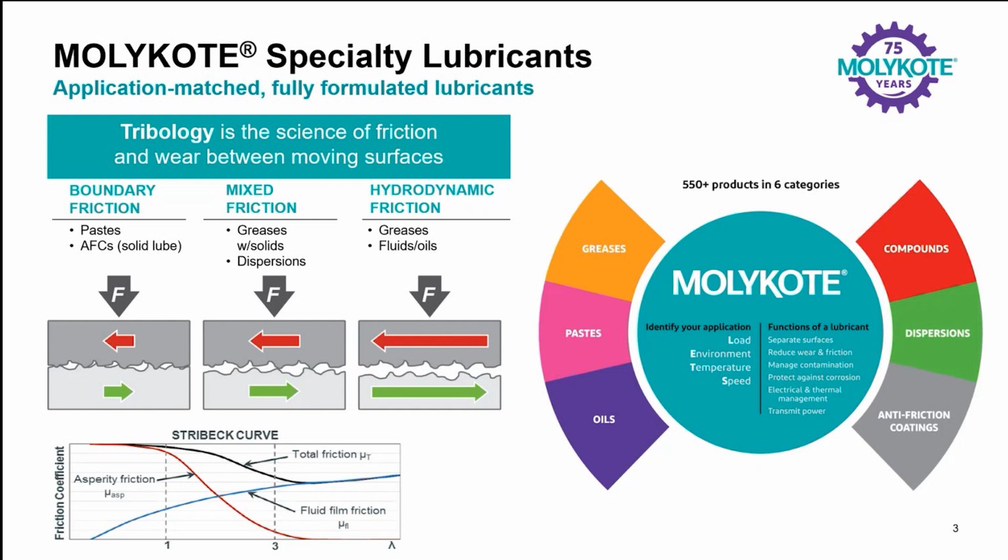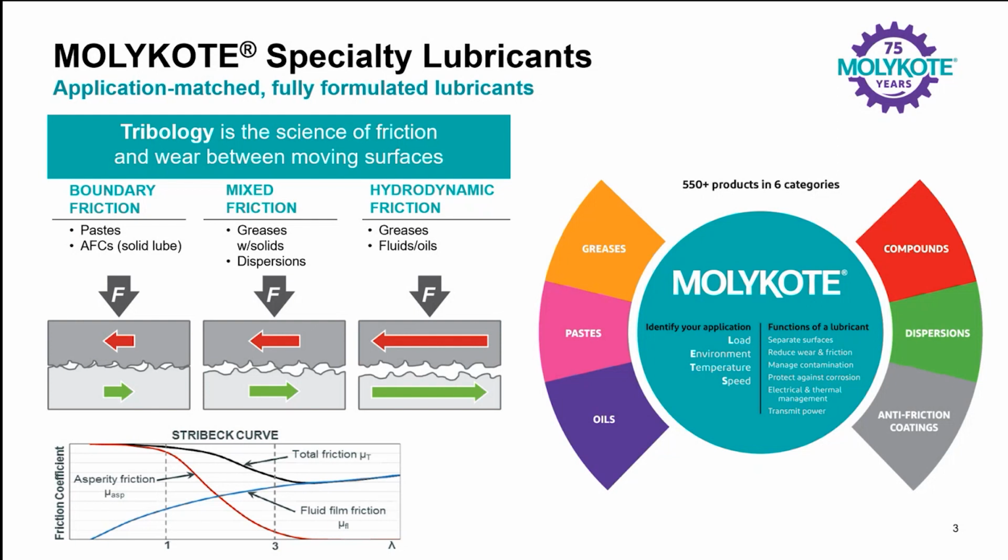Each one of them has a strong suit in one of these 3 friction regimes that you see on the left. So there's the boundary friction, mixed friction, and hydrodynamic friction. Hydrodynamic friction is typically low load, high speed applications that allow for fluid film separation between the 2 substrates. And on the left side, the boundary friction, you have high loads, low speed applications, typically, which result in surface-to-surface contact.